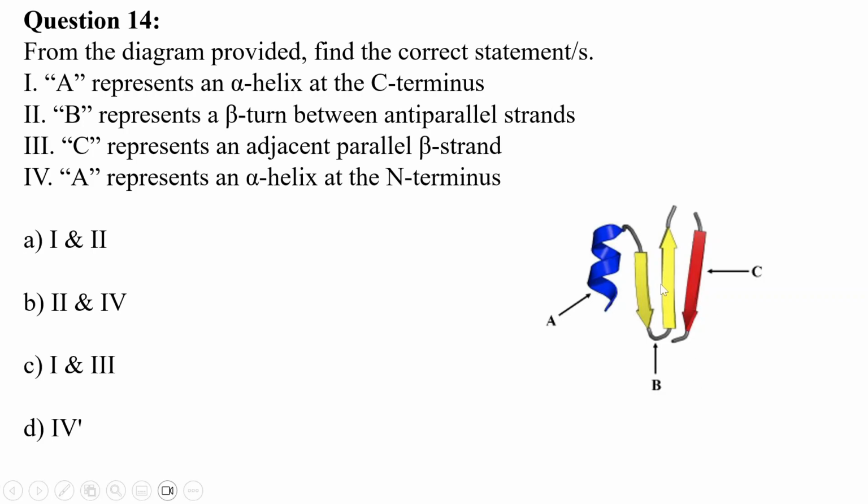It's not parallel to the adjacent strand. So that's why the third statement is wrong. The correct statements are the second and the fourth statement, that is option B. So A represents alpha helix at the N terminus and B represents the beta turn between the anti-parallel strands. Okay, this is clear?